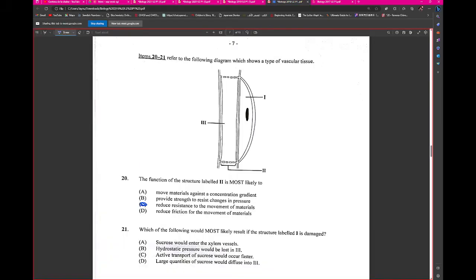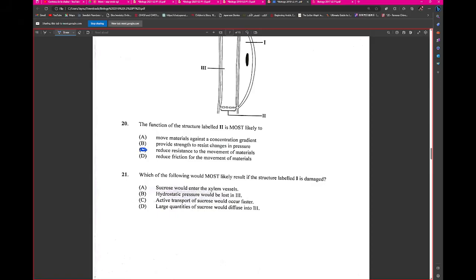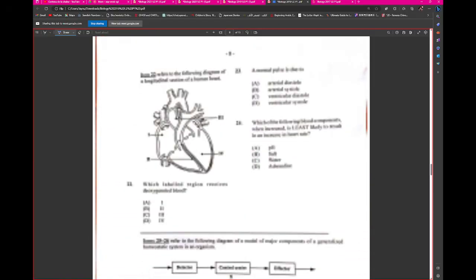Alright. Which of the following would most likely result if the structure labeled 1 is damaged? And we spoke about this. This is just a reiteration of the question in a different form.